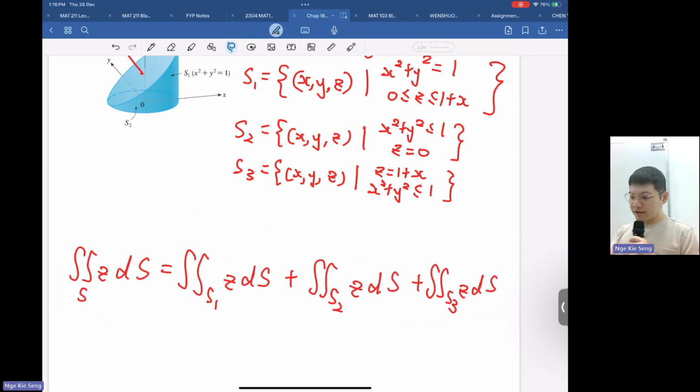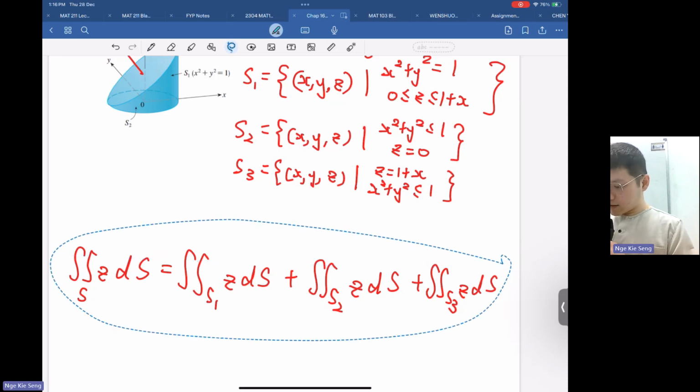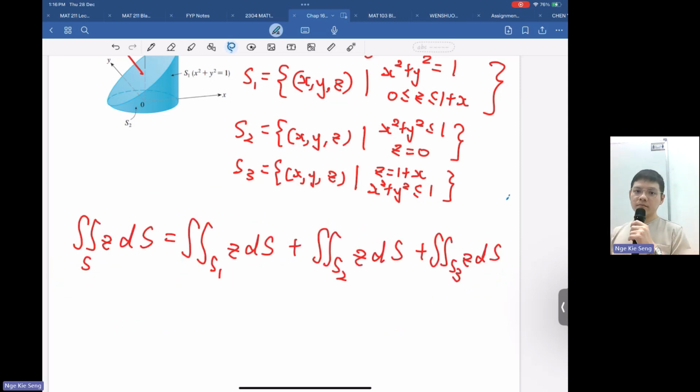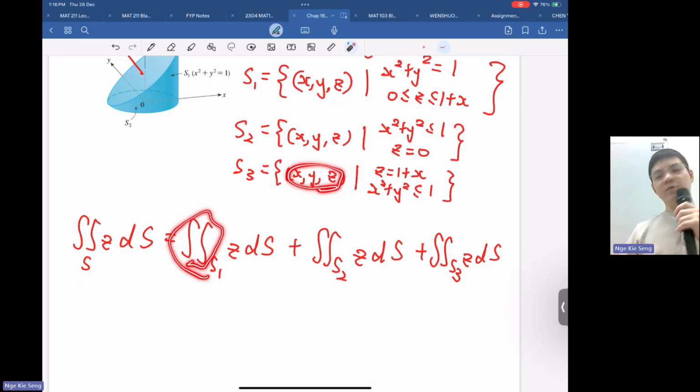So what's the criterion to do a surface integral? You need to parameterize your surface, like how you parameterize your line. Because here there's x, y, z, but here there's only a double integral. How to put 3 variables into 2 variables?